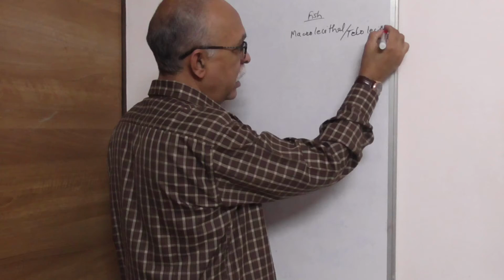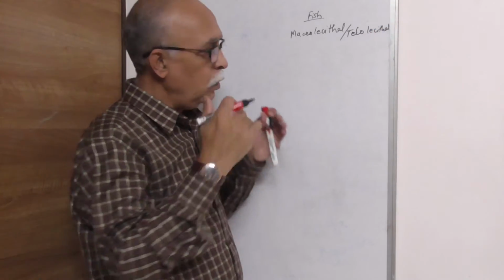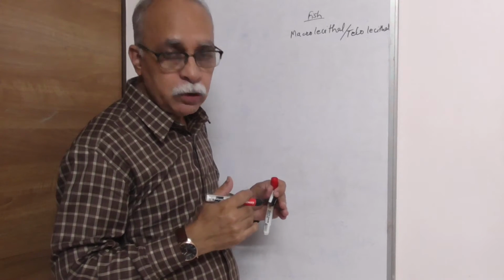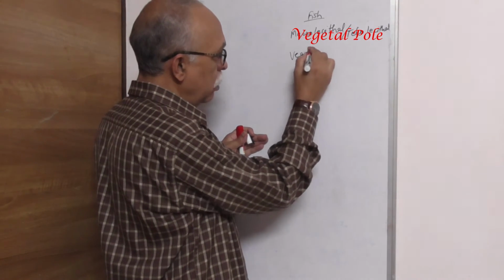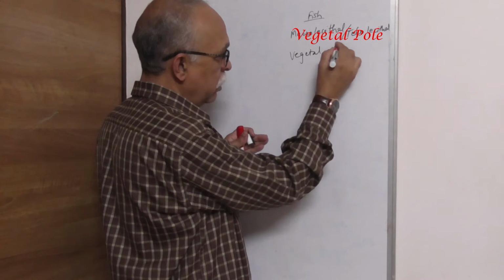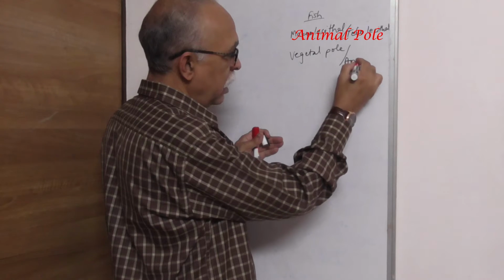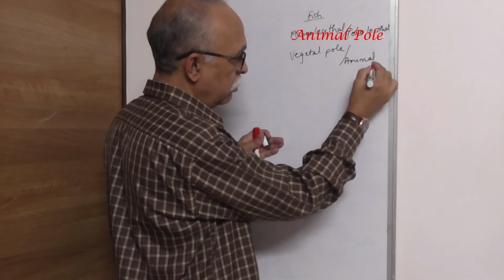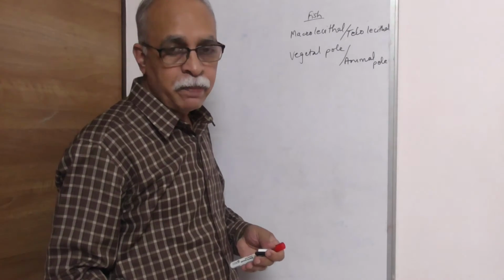That is, the egg yolk and cytoplasm are distributed in two parts. One part is completely yolk, called the vegetal pole. The other part that contains cytoplasm and nucleus is called the animal pole. These two parts are clearly distinguishable.